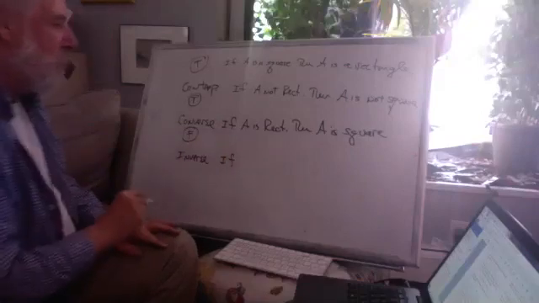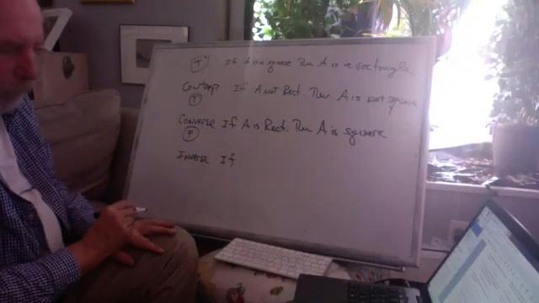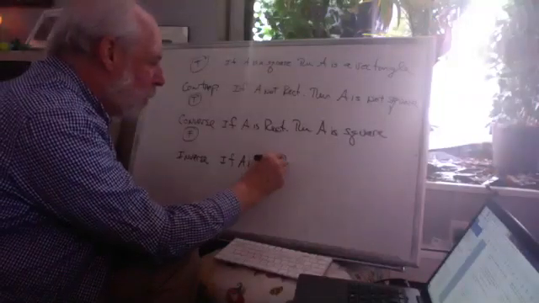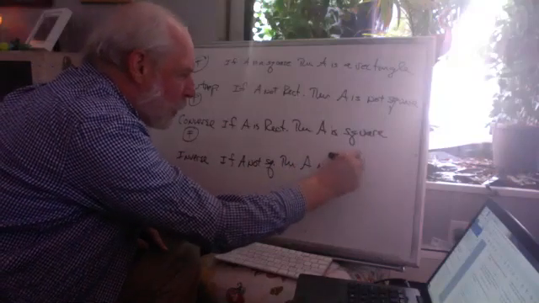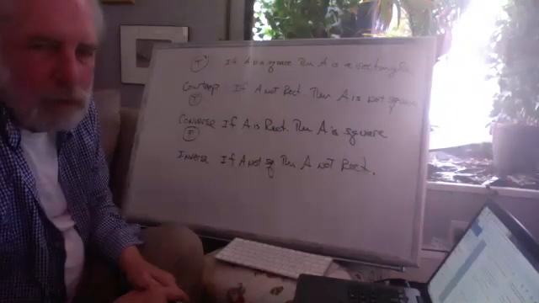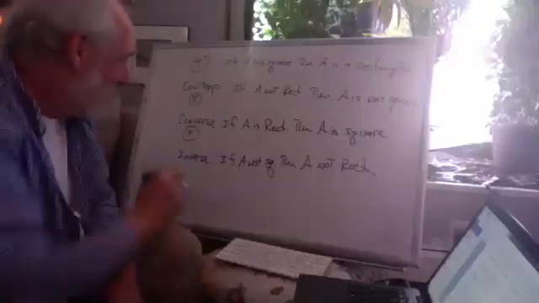And then we go to the inverse. If A is not a square, then A is not a rectangle. And that statement is false, but it could be true, right?